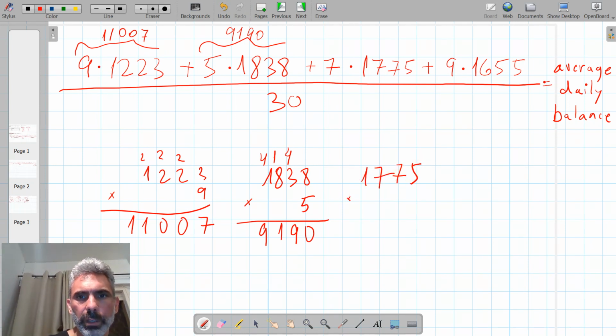1775 times 7. 7 times 5 is 35. 7 times 7 is 49, plus 3 is 52. 7 times 7 is 49, plus 5 is 54. 7 times 1 is 7, plus 5 is 12.